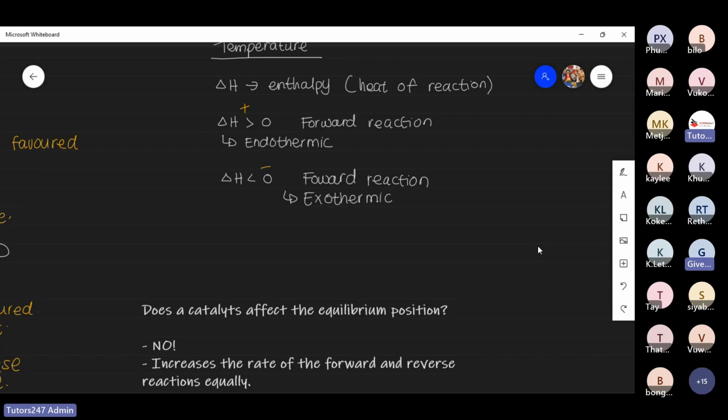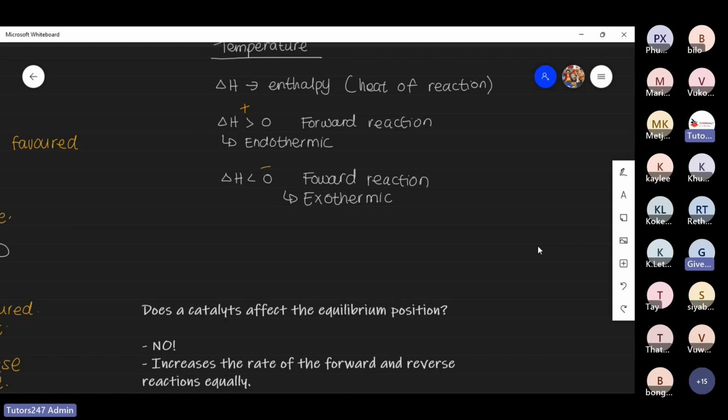Because the temperature in this particular system was increased, it means that the temperature of that container is increased. It's hot. An endothermic reaction is a reaction that absorbs the energy from the surroundings. So it's going to absorb the heat from that system, and it's going to cool the system down.